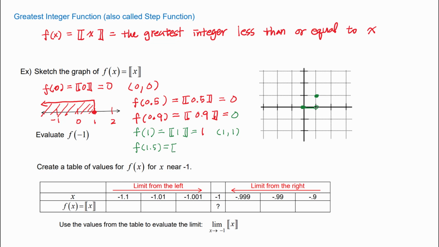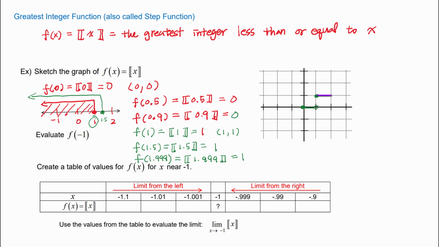When x equals 1.5, again, the greatest integer less than or equal to 1.5 is still 1. F of 1.999, the greatest integer less than or equal to 1.999 is still 1. So 1, 1, 1, 1, 1 until when?